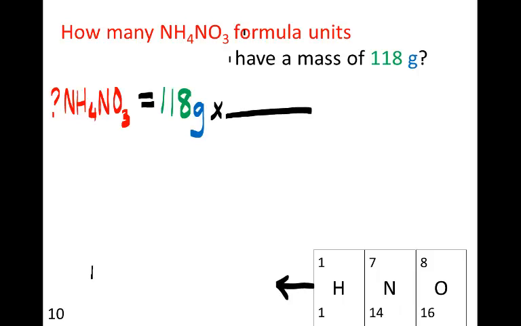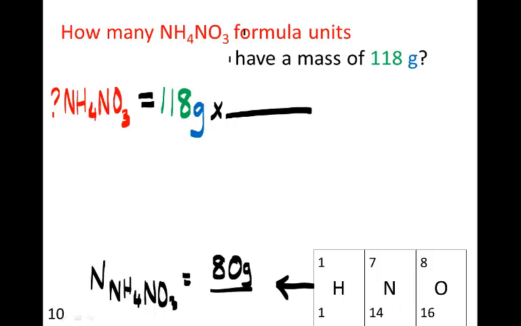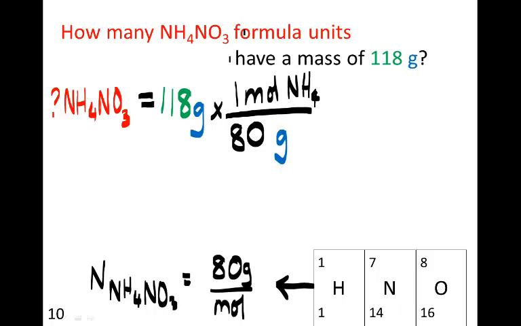I know that the molar mass of ammonium nitrate is 2 times 14 plus 4 for the hydrogen plus 3 times 16 for the oxygen, 80 grams per mole. So 80 grams is the mass of 1 mole of ammonium nitrate.